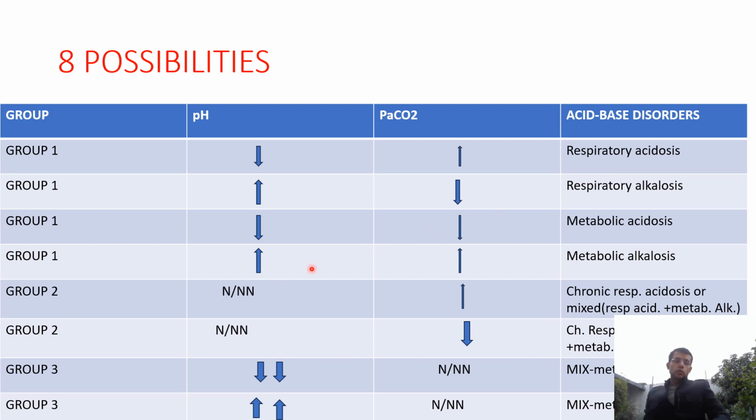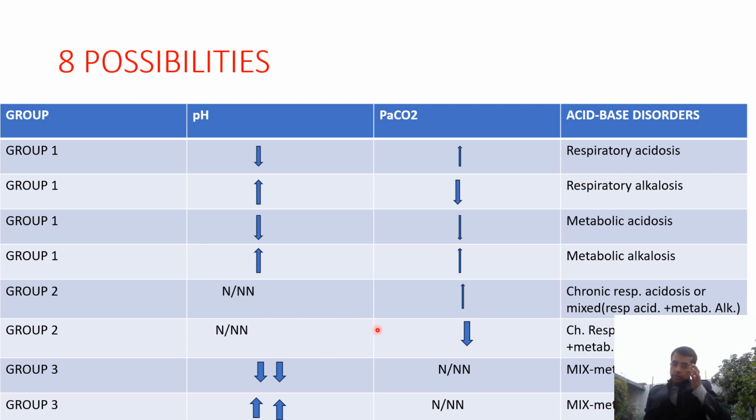Now group 2, we have a normal pH and PCO2 goes up. So a normal pH is there, but PCO2 is high. That means bicarb must have gone high. So it can be two things. It is either chronic respiratory acidosis or a mixed disorder with respiratory acidosis plus metabolic alkalosis.